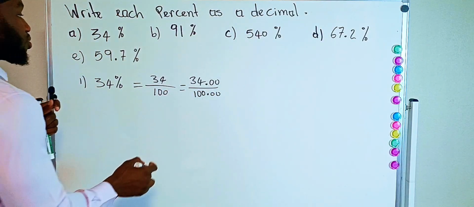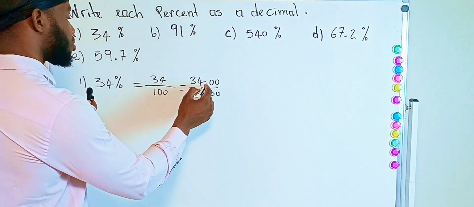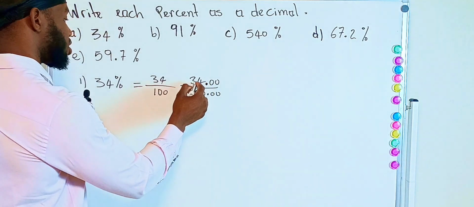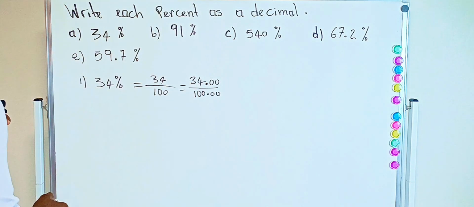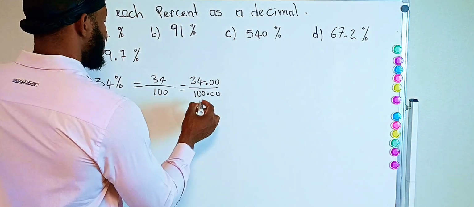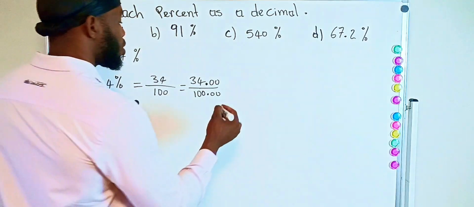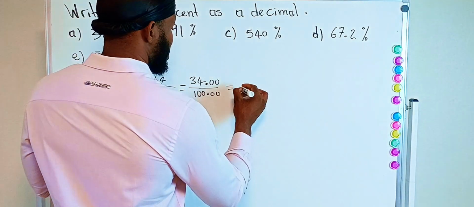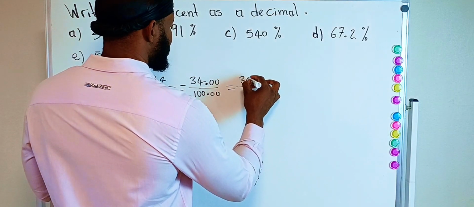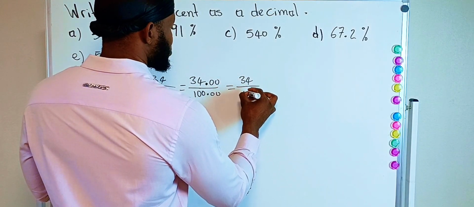When they tell you to divide by a power of 10, it's like moving the decimal point to the left as many times as there are zeros in the power of 10. It's like you have 34 divided by 10 exponent 2.